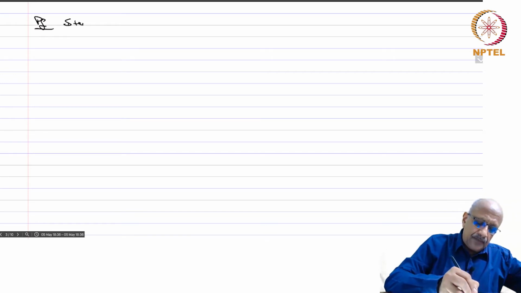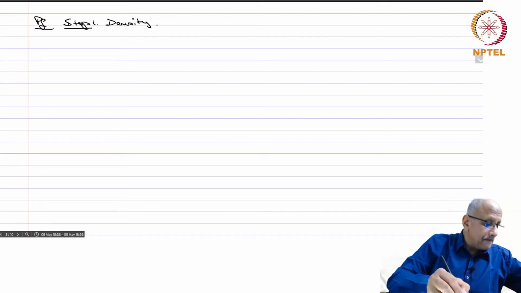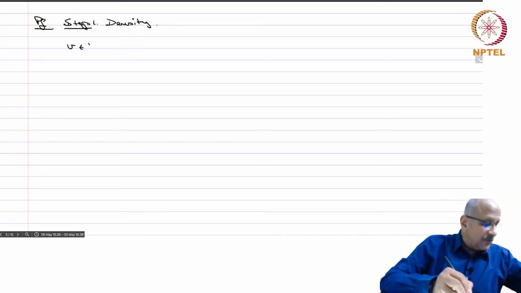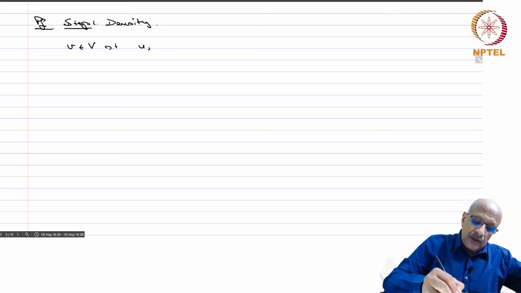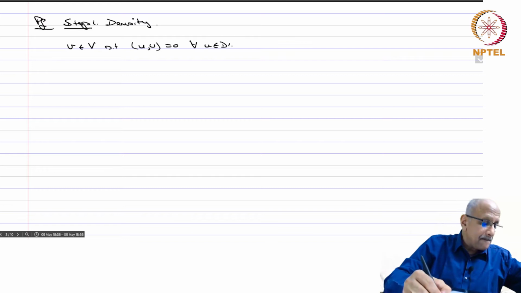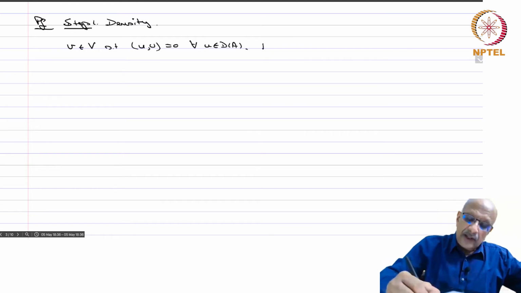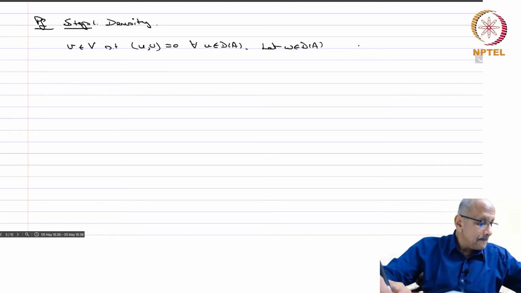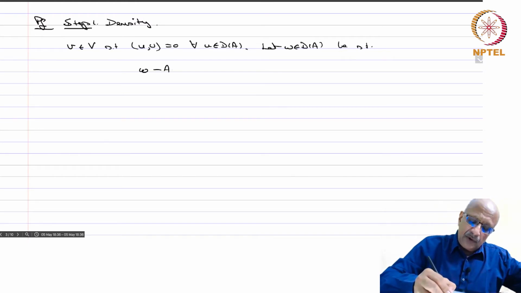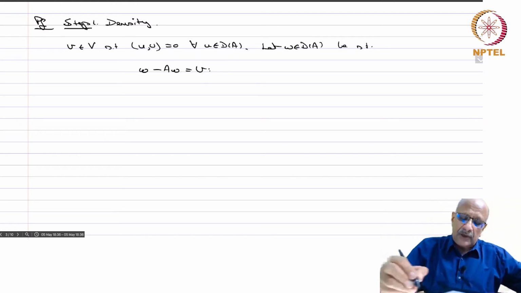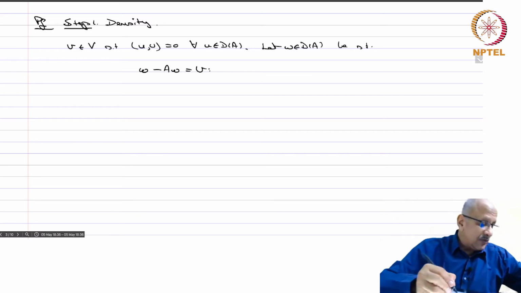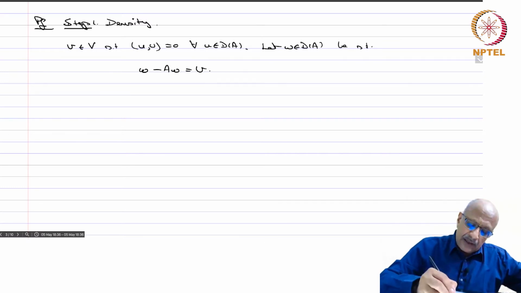step 1, we will prove the density. So, let v belong to V such that (u, v) equals 0 for all u in D(A). So, let w in D(A) be such that w minus Aw equals v. This is possible because the range of I minus A is the whole of V. Okay. So, now you take the inner product with w.